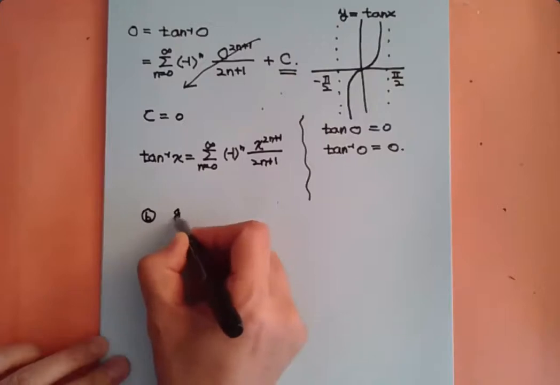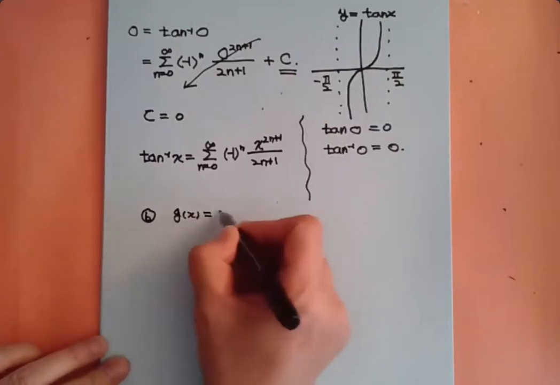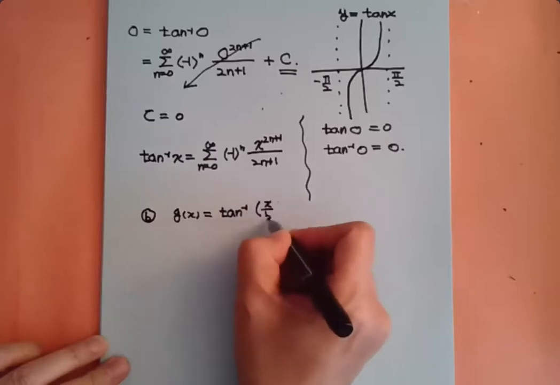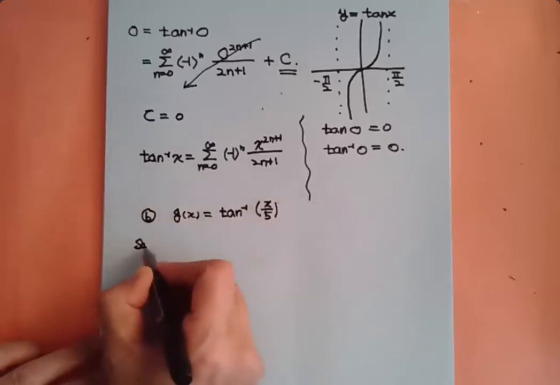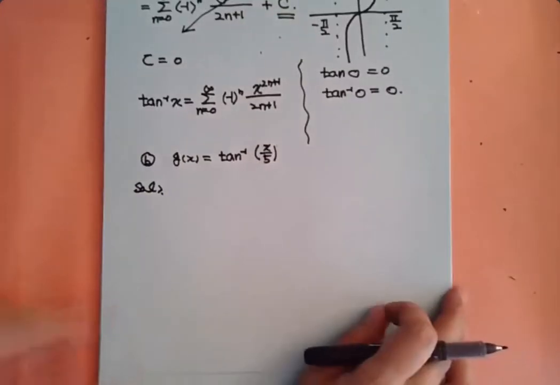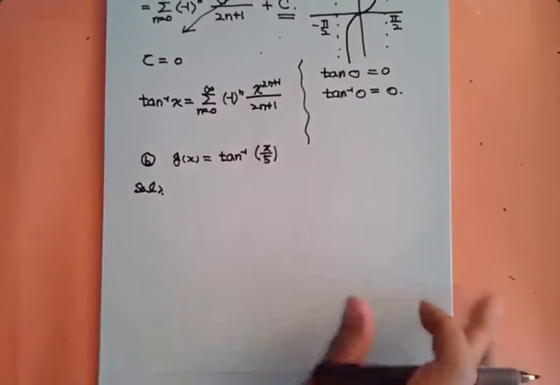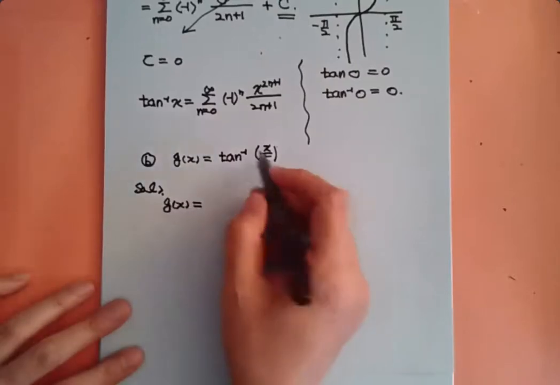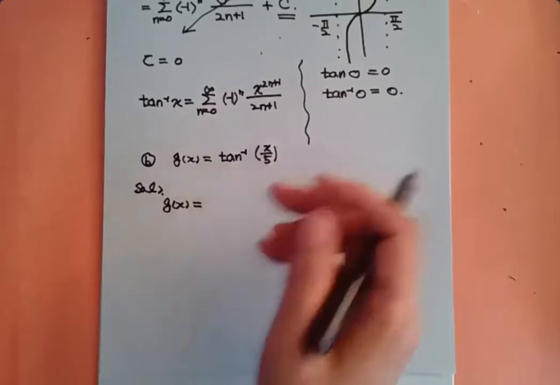The next one is g of x equals tangent inverse of x over 5.